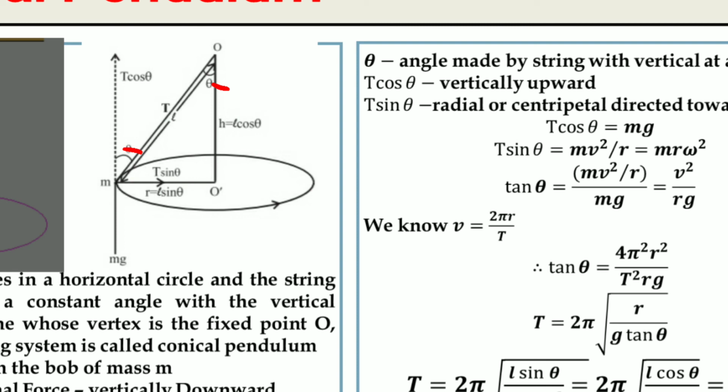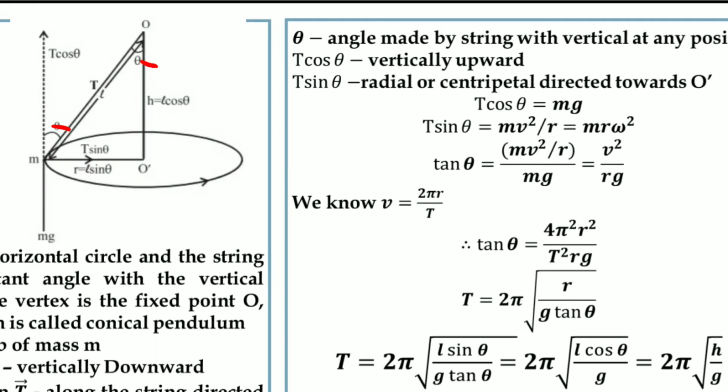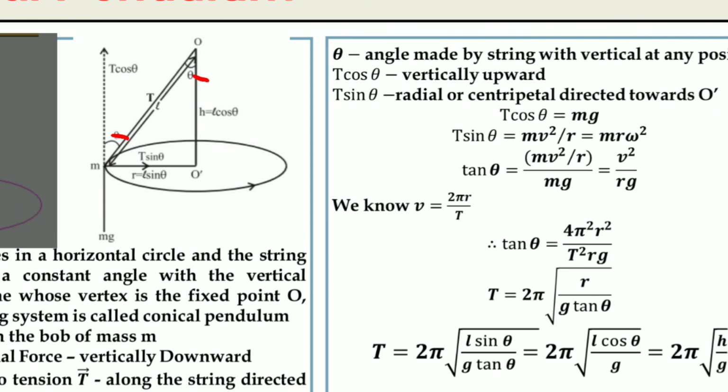So here tension is inclined, so tension is resolved into two components, that is T cos theta is along the y axis, that is vertically upward, and T sin theta is radial, or you can say this T sin theta provides the necessary centripetal force, directed towards O dash.